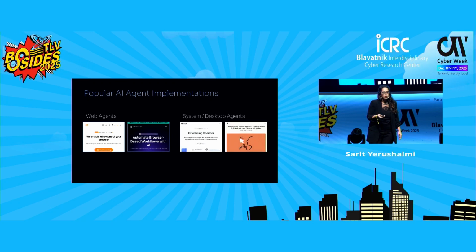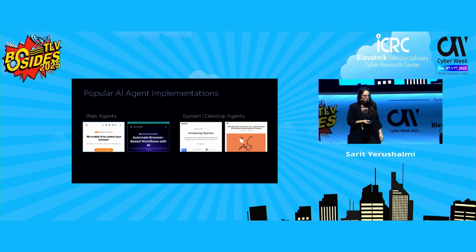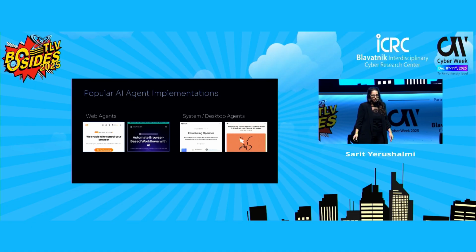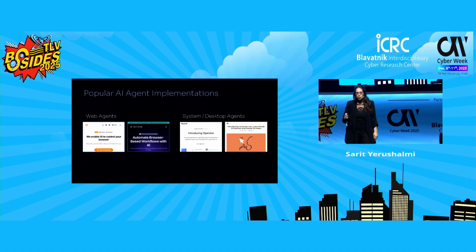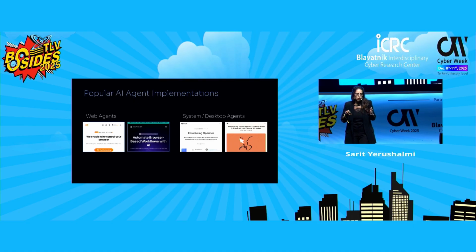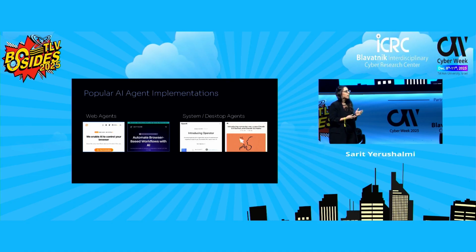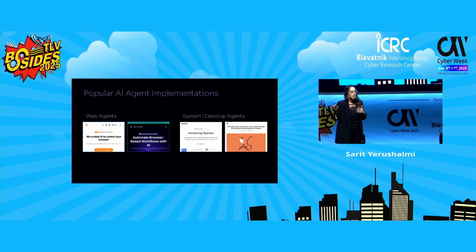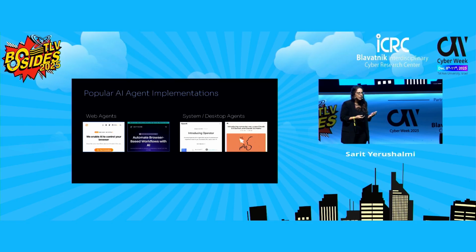And the other form is system or desktop agents. Under this category, we have OpenAI Operator and Claude Computer Use. And these go beyond the browser. They combine the web and the local automation, meaning that they can open files, read your screen, and interact with native apps.